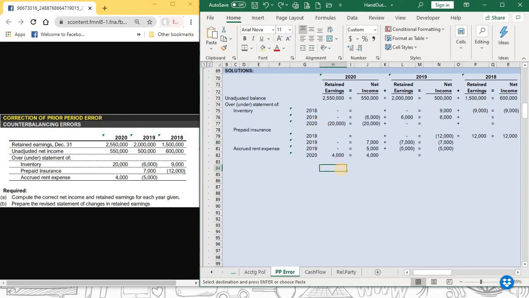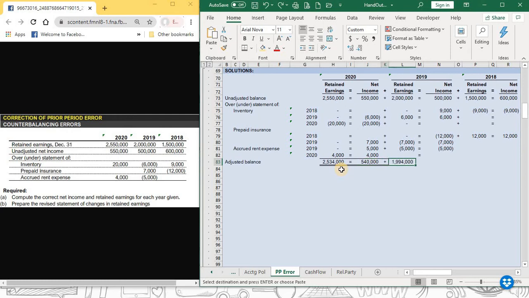So now, let us determine the adjusted balance of the retained earnings and net income for each year. So starting with 2020, the adjusted retained earnings at the end is 2,534,000 pesos. Then the net income adjusted is 540,000 pesos, so that is 2020.